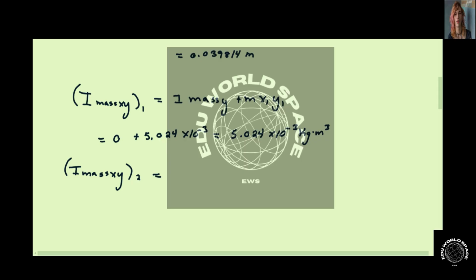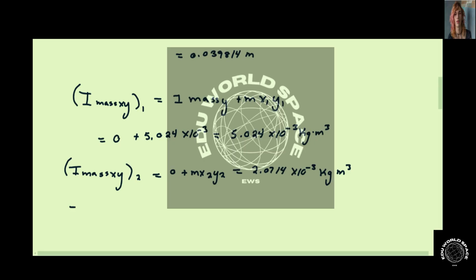And this one is going to be the same thing here. It's going to be 0, so I'm going to do m x y2. And according to the table, this is just going to be 2.0714 times 10 to negative 3 kilograms per meter cubed.